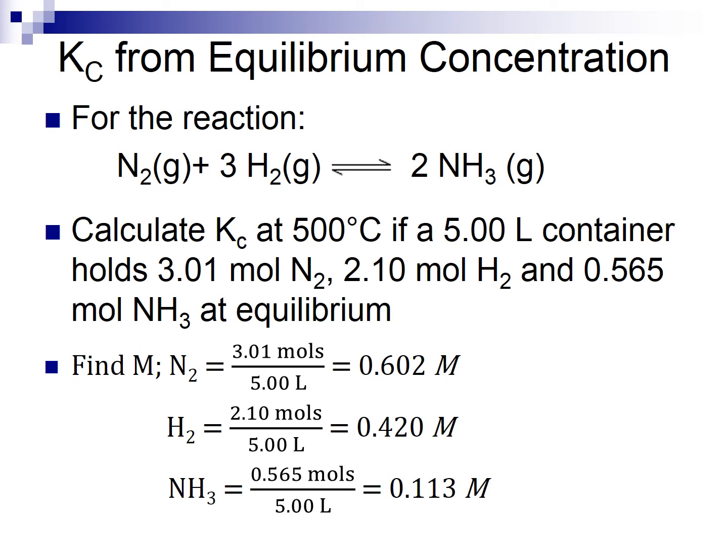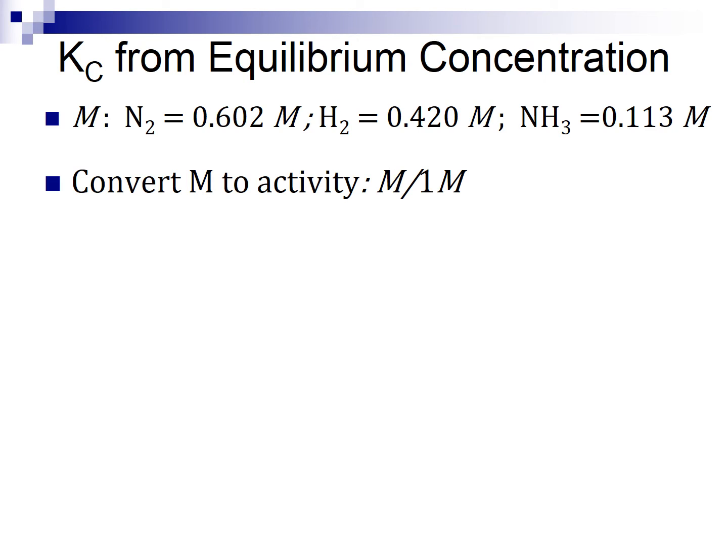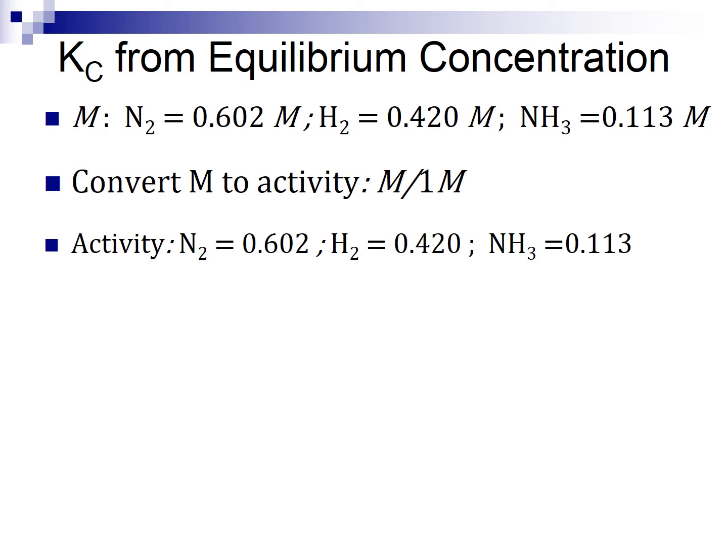the ammonia, 0.113. We can then plug these different molarities into my formula for converting to activity, and since they're all molarities, we're going to divide them all by 1 molar, producing activities that are numerically the same value but lack units.